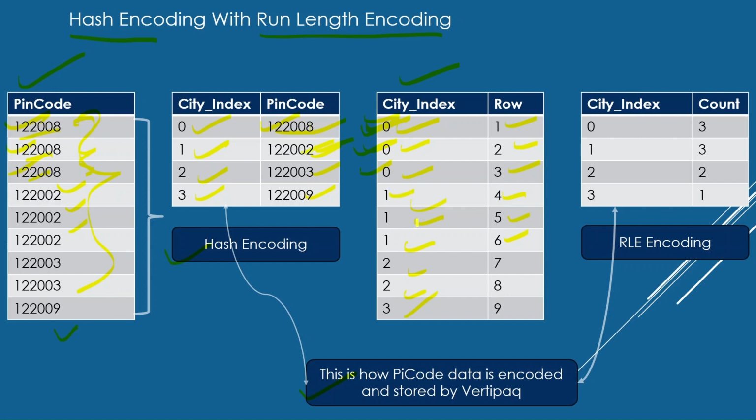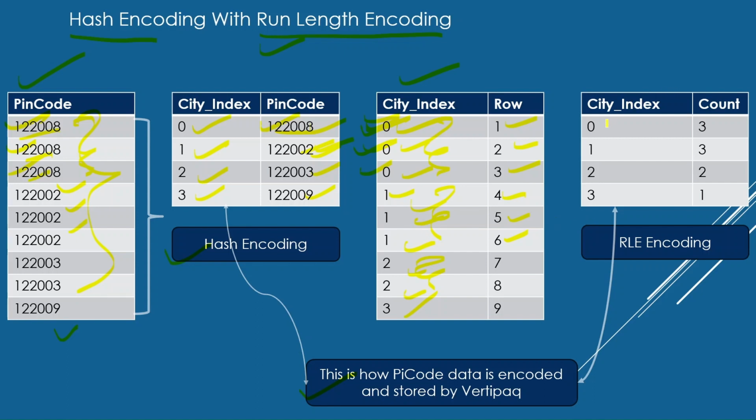Now one of the prerequisites to apply run length encoding is that the data is duplicate and present in adjacent or consecutive rows. So the data is duplicate and present in consecutive rows; this data is a candidate to apply run length encoding. So how is run length encoding going to apply?